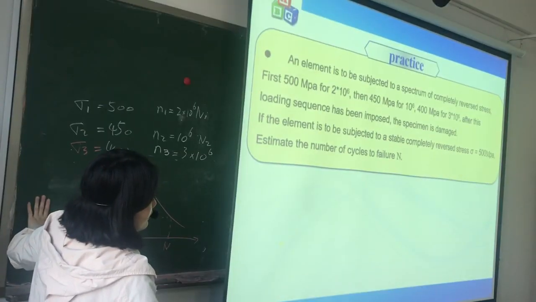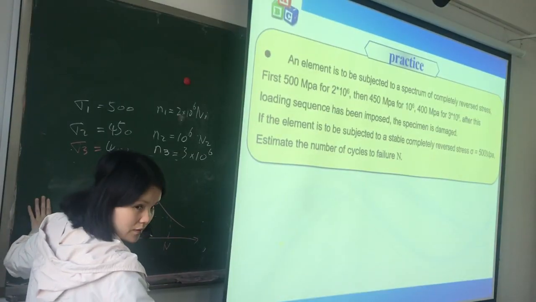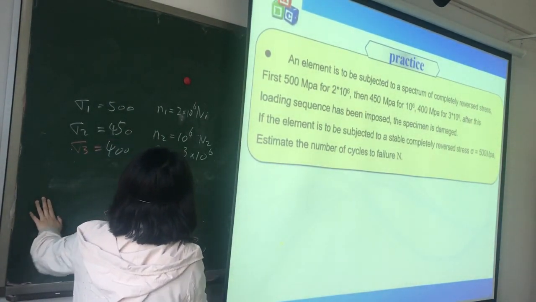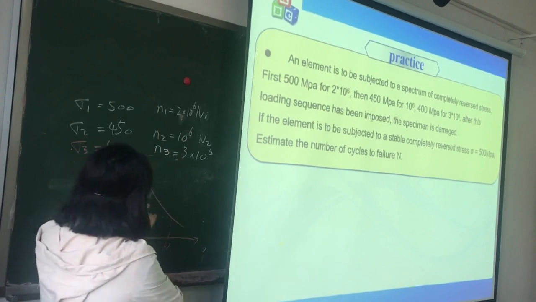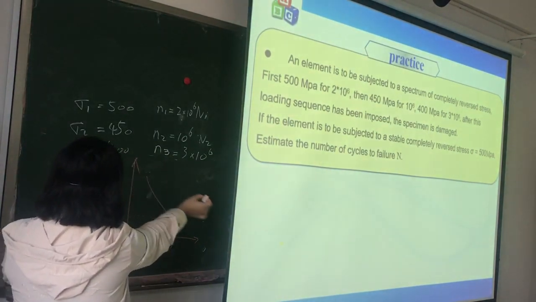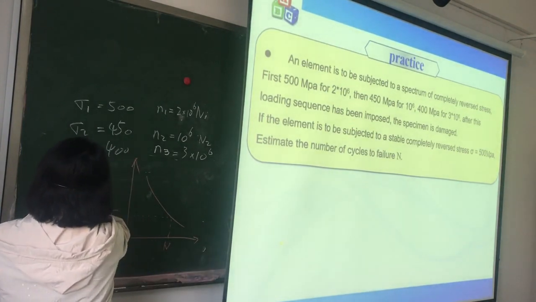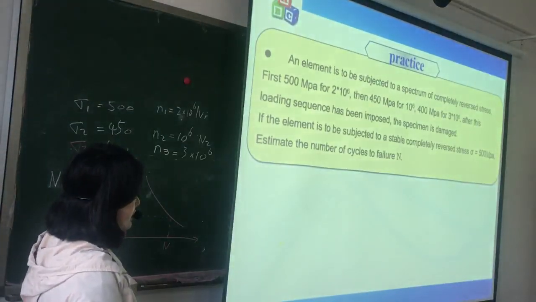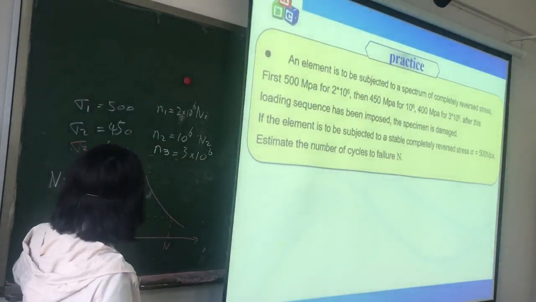Under a stable, completely reversed stress, we know from the S-N curve the m times sigma for a stable, completely reversed stress.